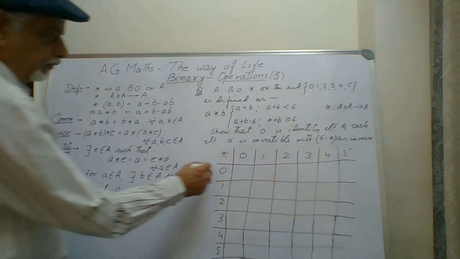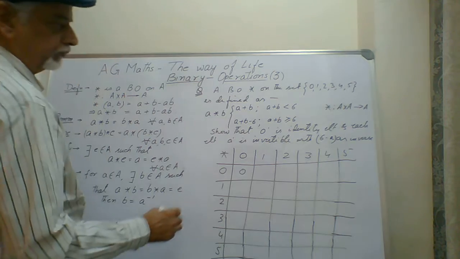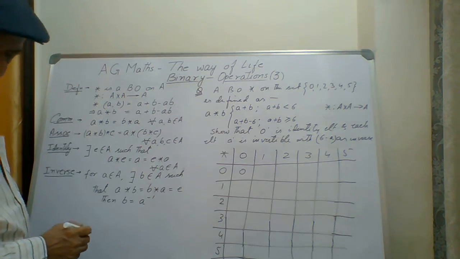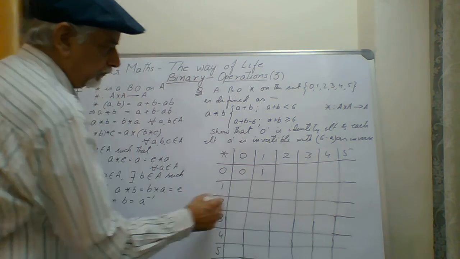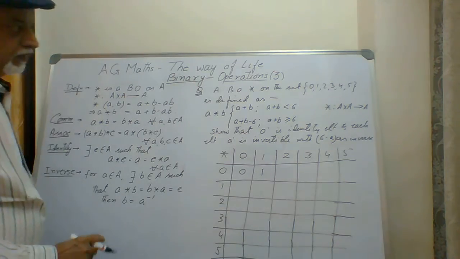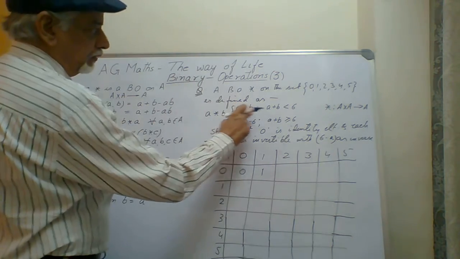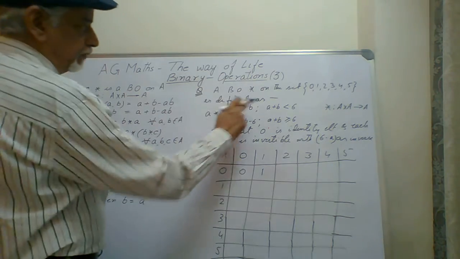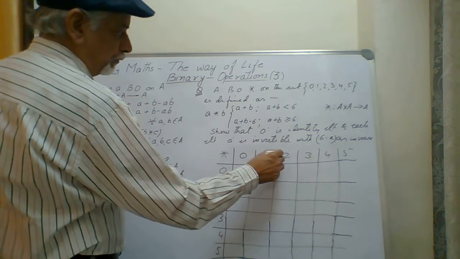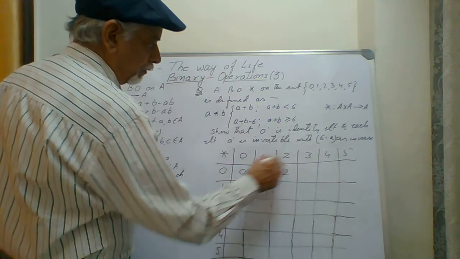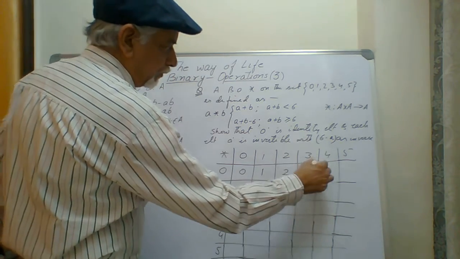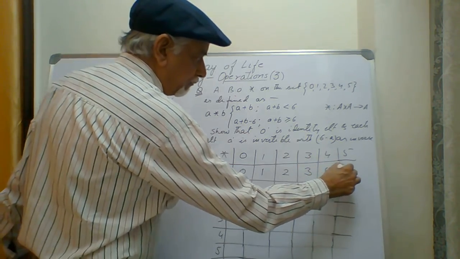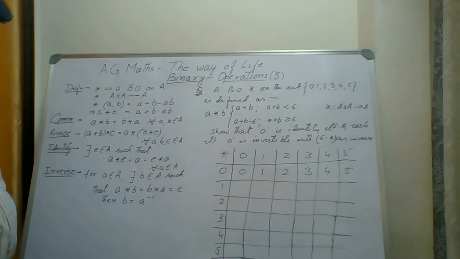So 0 and 0 will give me a 0, 0 and 1 will give me a 1, 0 and 2, because of the addition. So far as A plus B is less than 6, we can write A plus B. So 0 plus 2 is 2, 0 plus 3 is 3, 0 plus 4 is 4, 0 plus 5 is 5. So the first line is like this.